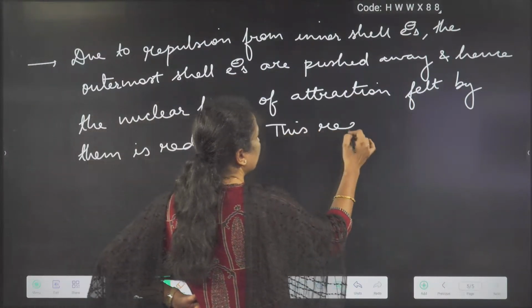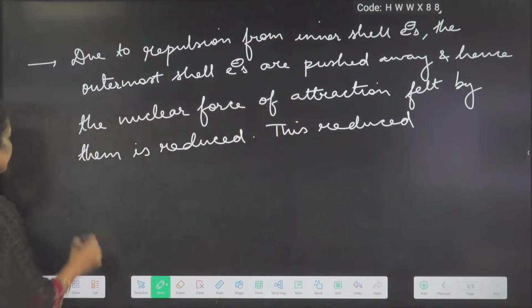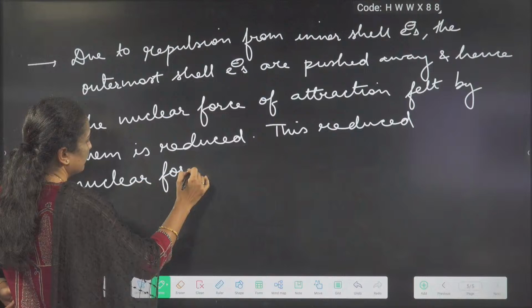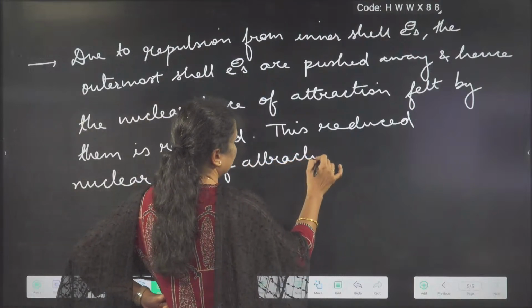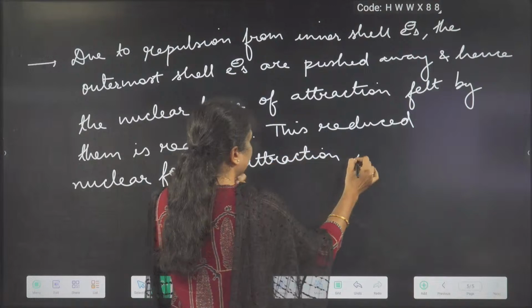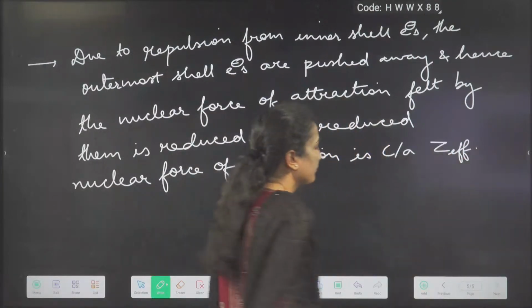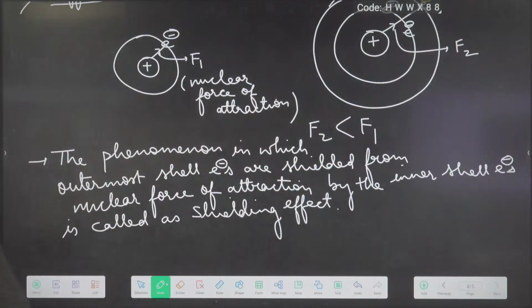This reduced nuclear force of attraction is called as Z effective. Okay? So please write down the previous one, then we'll proceed further.